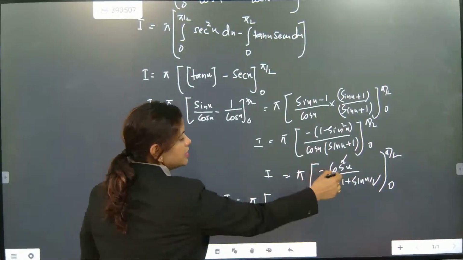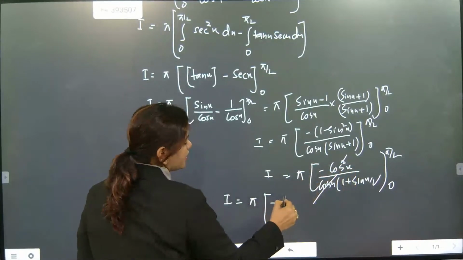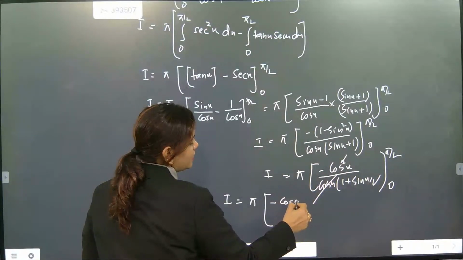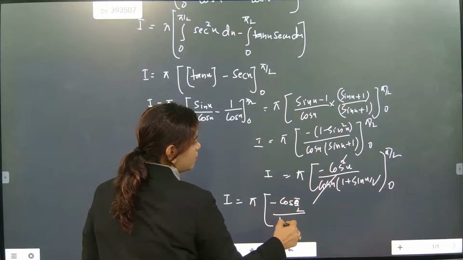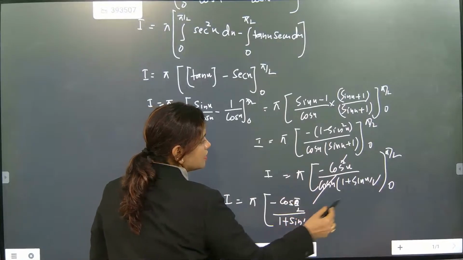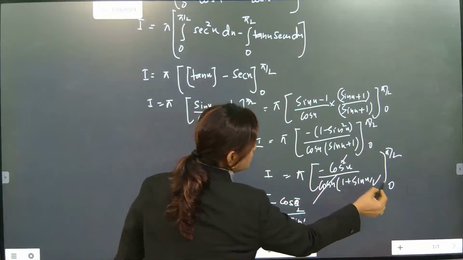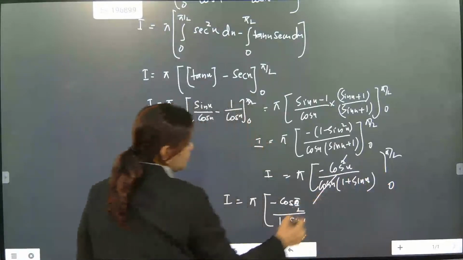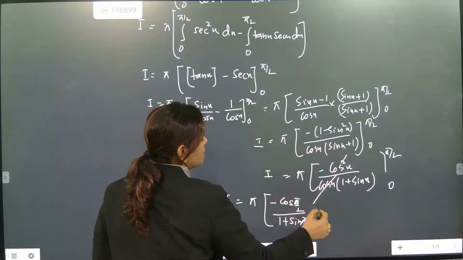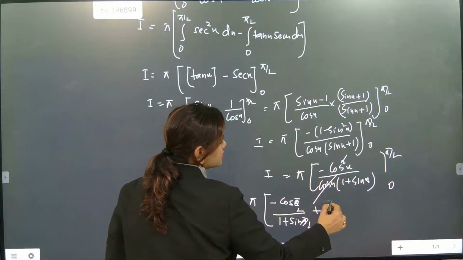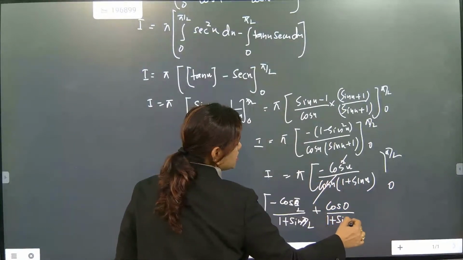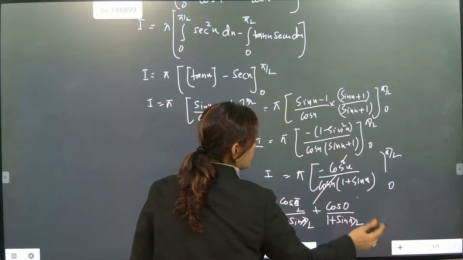Why? Because see here, one time you put pi by 2, it will become minus cos pi by 2 by 1 plus sin pi by 2, and minus into minus will become plus cos 0 by 1 plus sin 0.